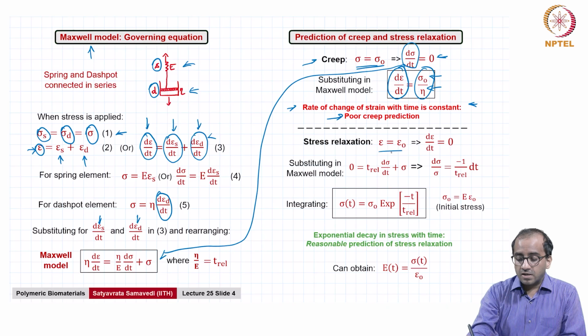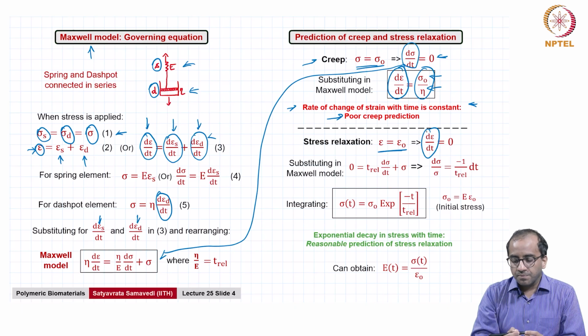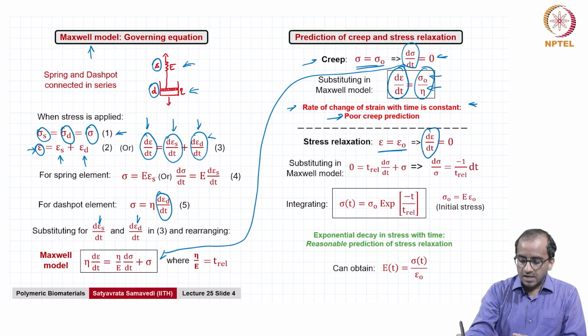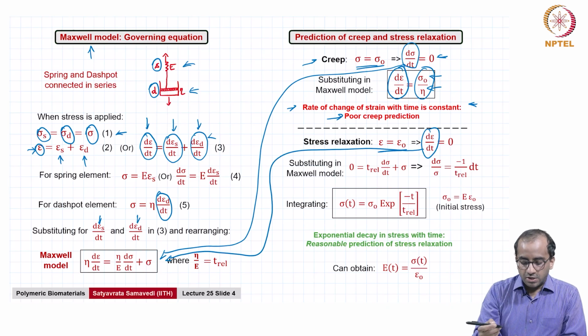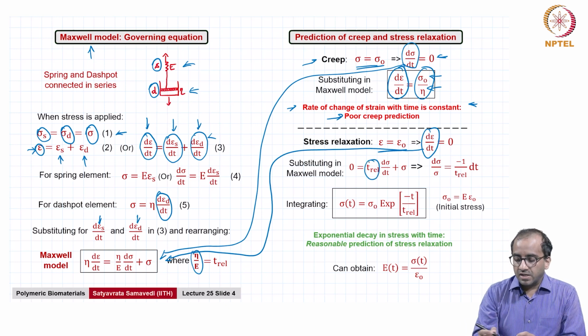Constant strain simply means epsilon is constant, so d epsilon dt is going to go to 0. Now, if you substitute this in the Maxwell model and you substitute eta over capital E as T relaxation and rearrange, this is what you will get.